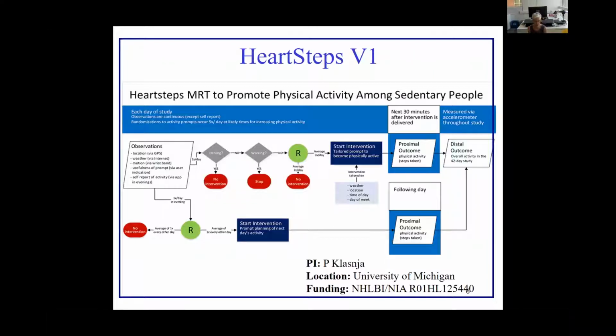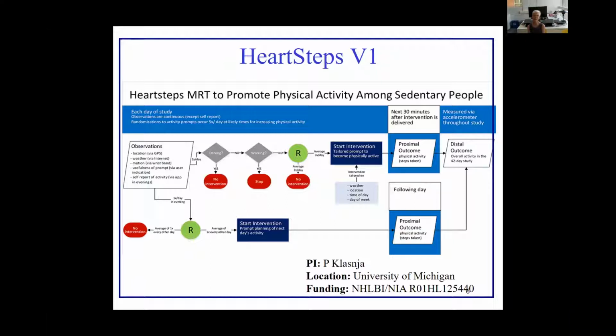Here's a little schematic. Actually, Erin made this little schematic. Thank you to Erin. And you can see the top row concerns these activity suggestions, with on the far left the observations, the kinds of observations, then the gray triangles assessing availability, the green circle is the randomization, and then the proximal outcome, which in our case is the 30-minute step count after a decision time.